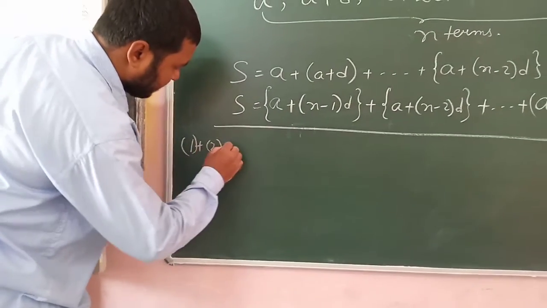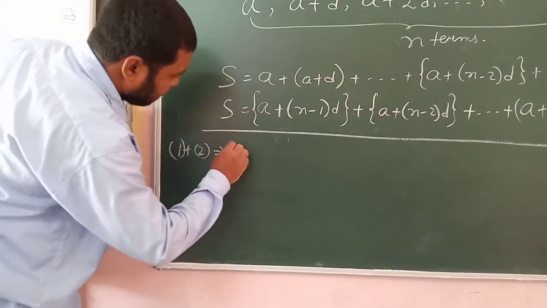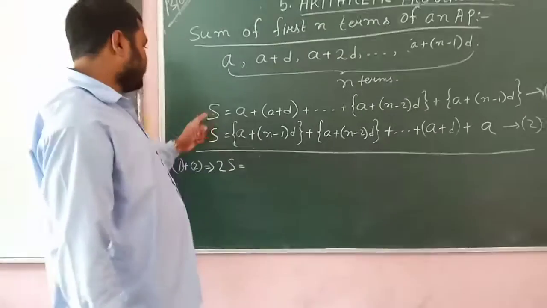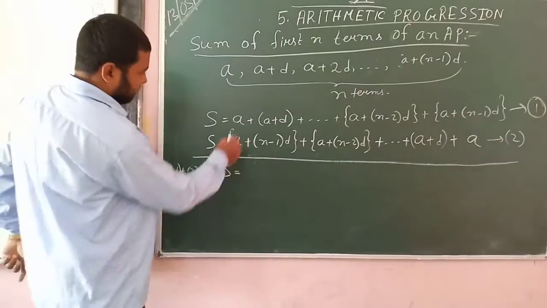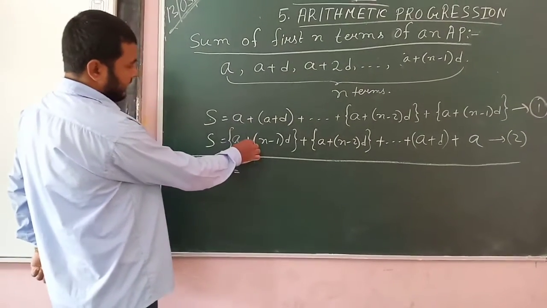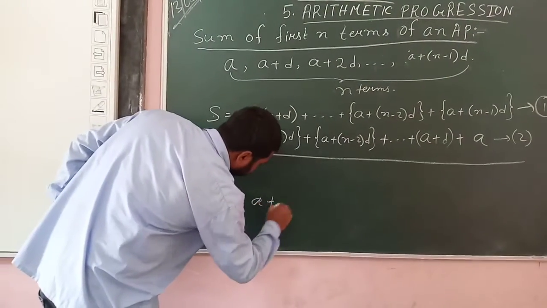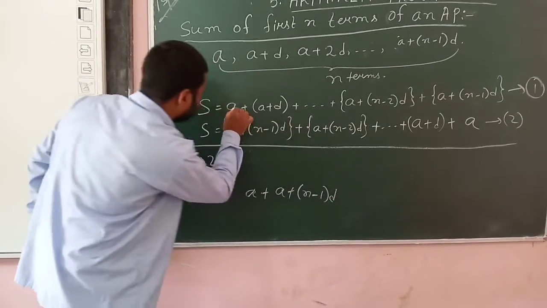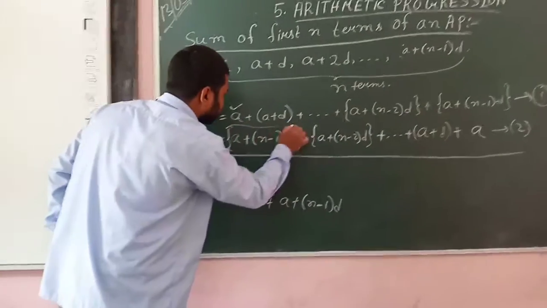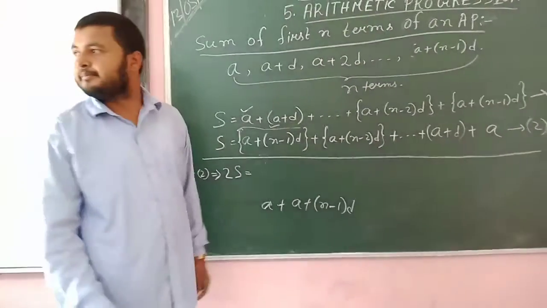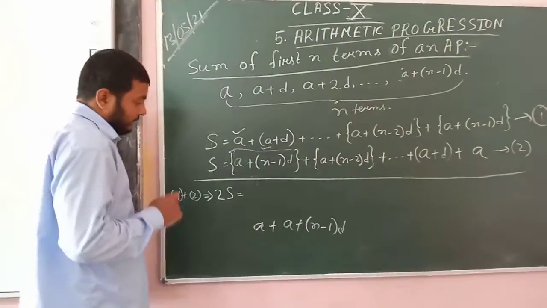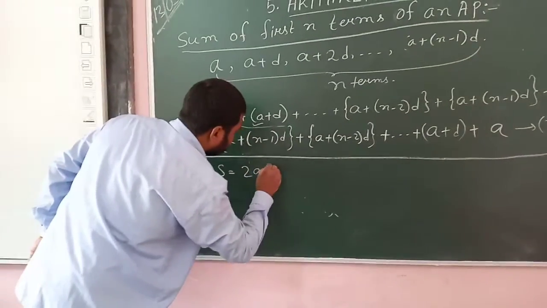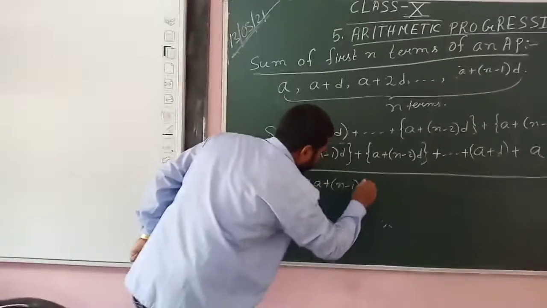If we add 1 and 2, we get s plus s, 2s. Now this term and this term we add: a plus a plus n minus 1 d, so it will be twice a plus n minus 1 d.